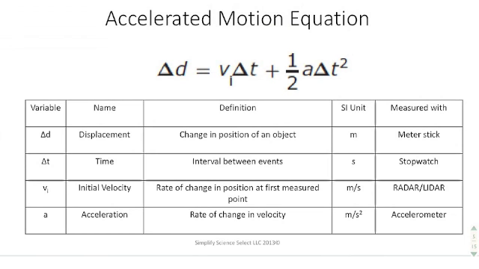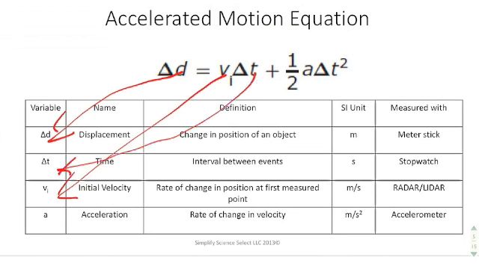Instead, we used other variables that were available to us. There are no new variables here, so they went ahead and filled this in for you, but you should be able to fill this in on your own: displacement, initial velocity, time, and acceleration. You should know what all those are by now, and you should be able to use them moving forward.